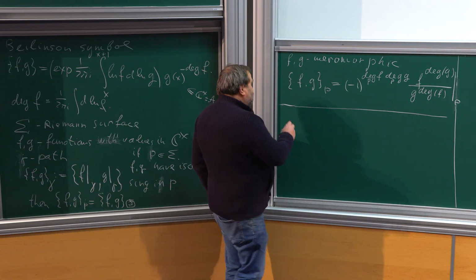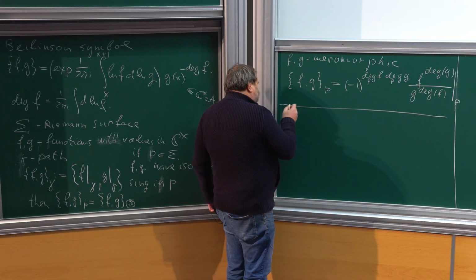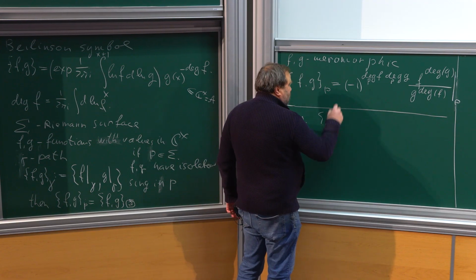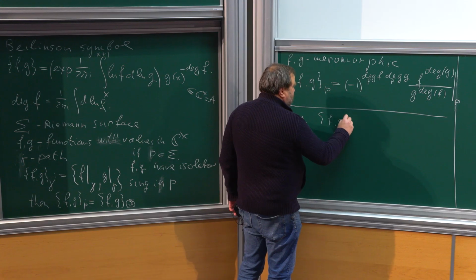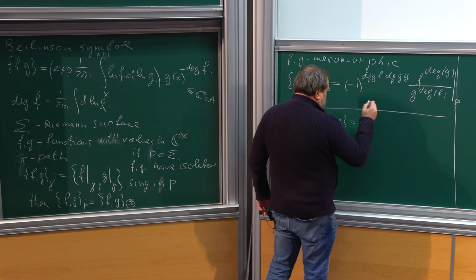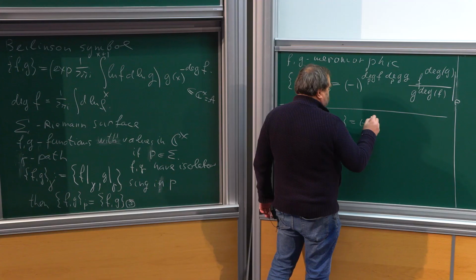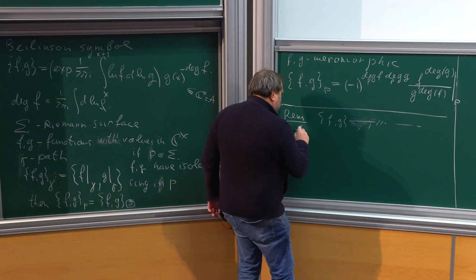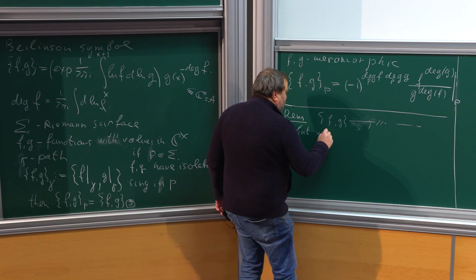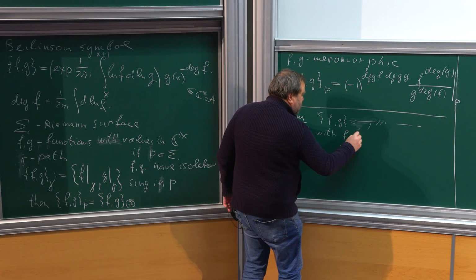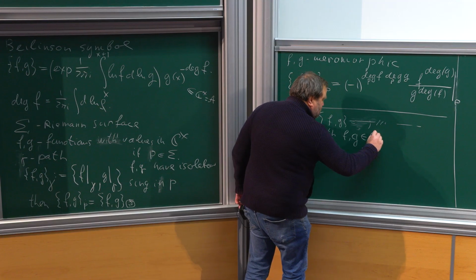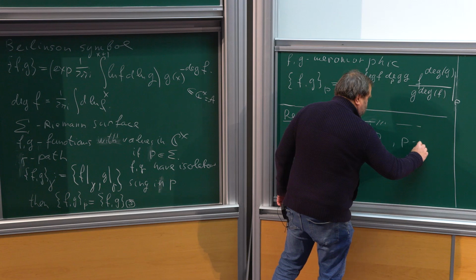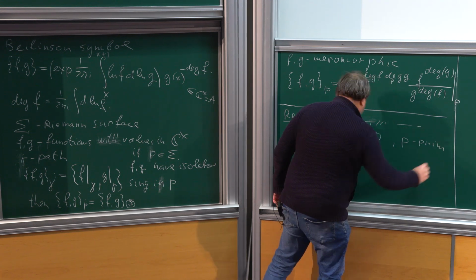It's a number theory remark: the same formula, {F, G}_p is equal to (-1) to the same power and so on, with p prime and F and G in Q, gives a symbol.